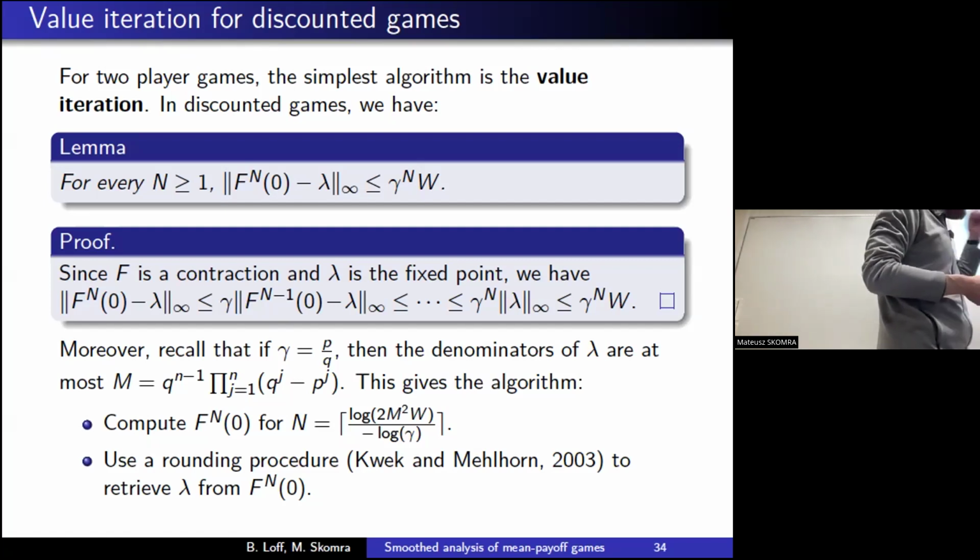You just apply these operators this many times. And by doing this, you get very, very close to the value. Now if we want to be exact, you have to do some rounding.